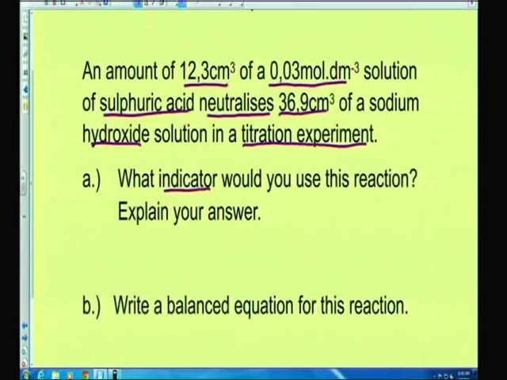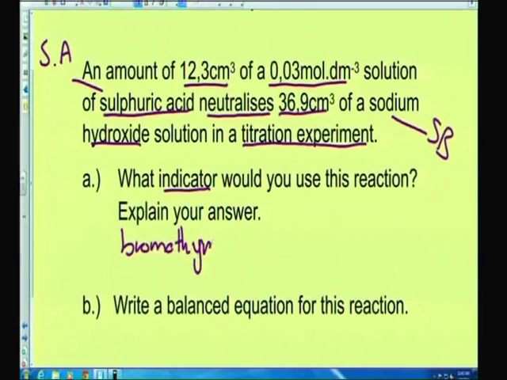Now, what do we know about sulfuric acid? It's a strong acid. I'm going to write SA. What do we know about sodium hydroxide? It's a strong base. So when we have a strong acid and a strong base, we're going to use something like bromothymol blue, or methyl orange, an indicator that has an end point, an equivalence point, a color change in the range around about 7.